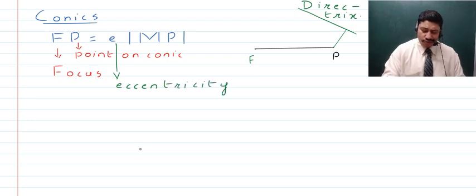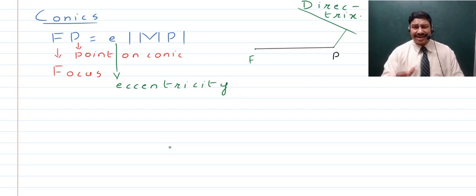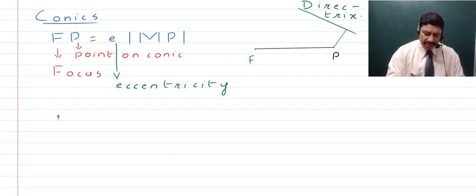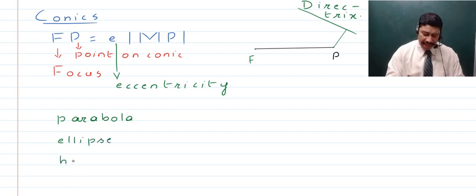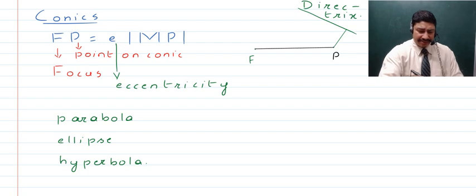Now, children, if we talk about the eccentricity, then it has three values in accordance with the three types of conics that we have, right? The first conic that we talk about is a parabola, right? Then we talk about an ellipse, and then after that we talk about a hyperbola. So for a parabola, its eccentricity is 1.